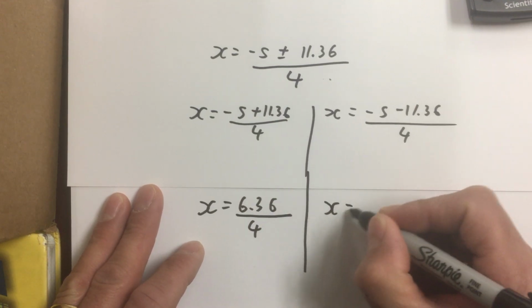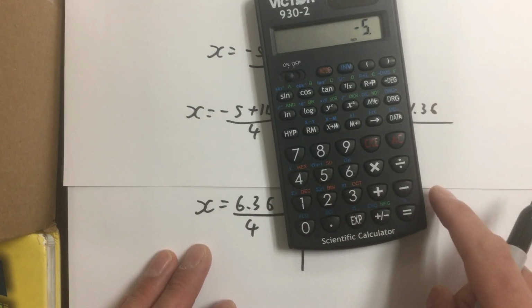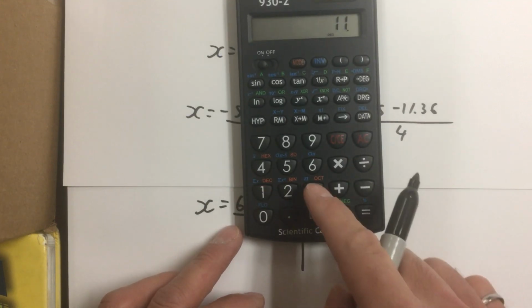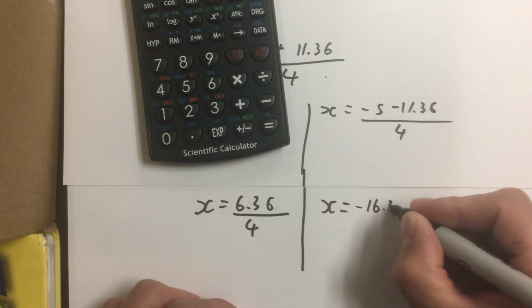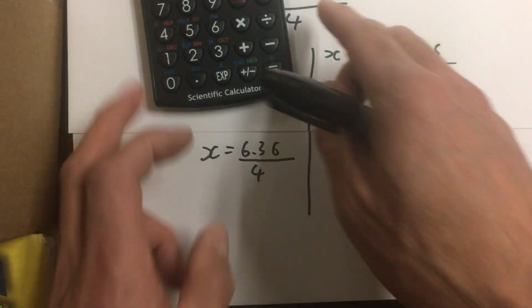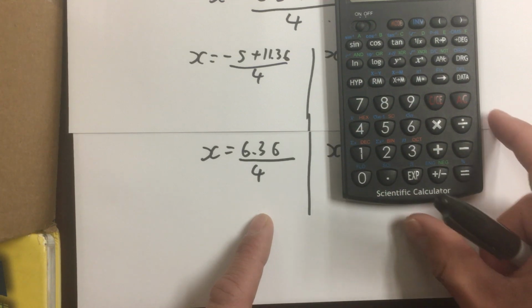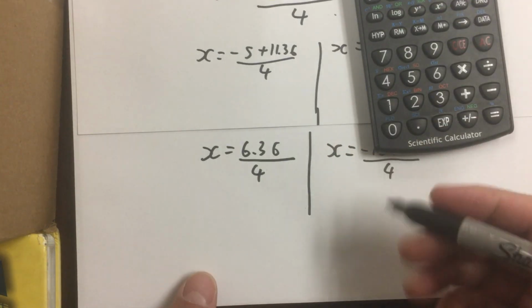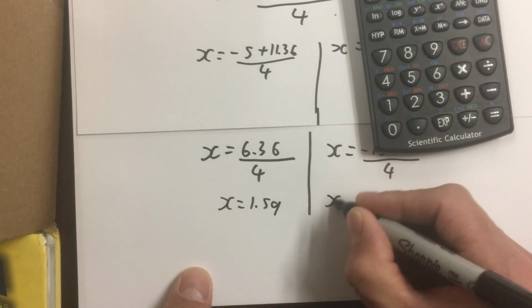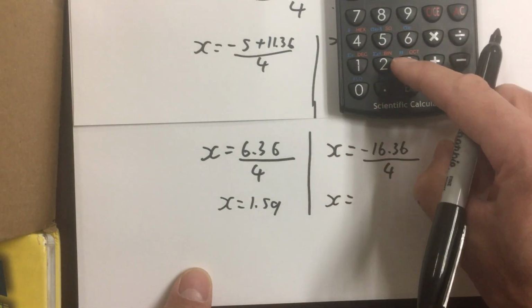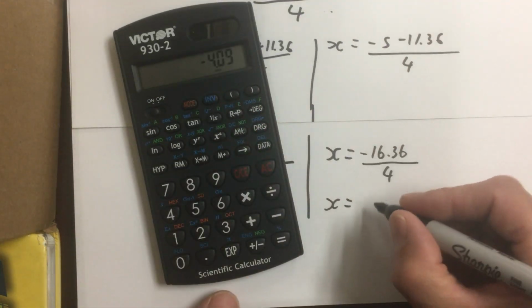Or I've got -5 minus 11.36, which gives me -16.36 all over 4. So I have 1.59 or -4.09.